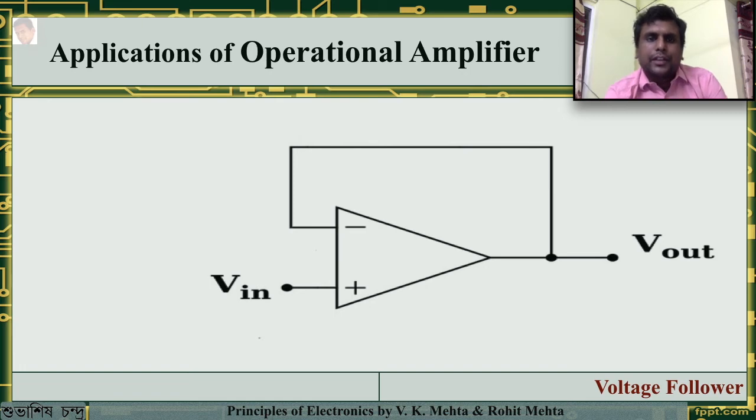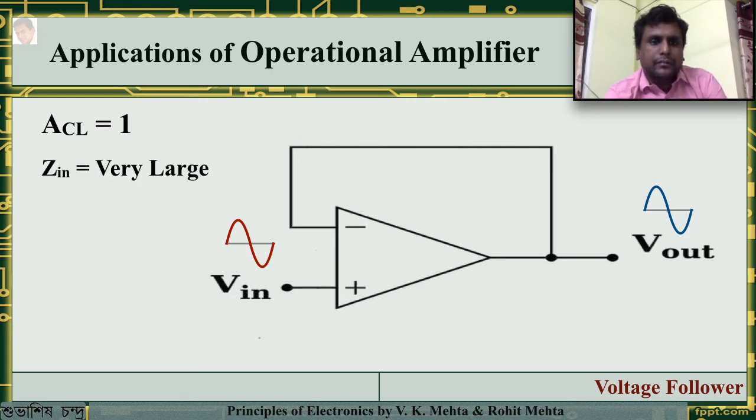So in this case, the gain is 1, that is, the closed loop gain is 1. So if you provide an input, you will find an output which has the same magnitude and is in phase with the input. The input impedance is very large and the output impedance is very low. It is used as a buffer amplifier to be connected between high impedance sources and low impedance loads.